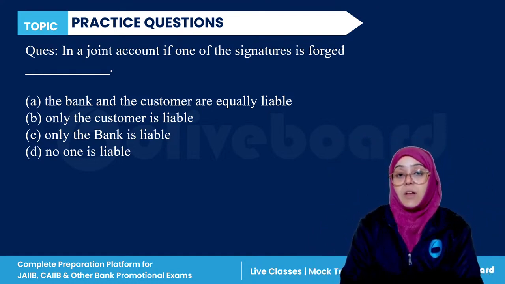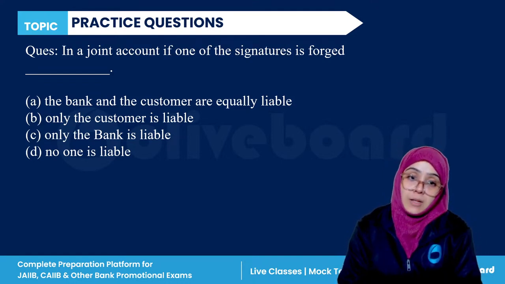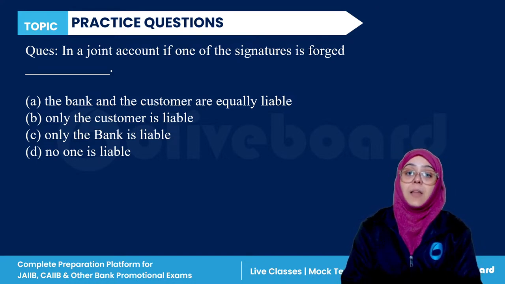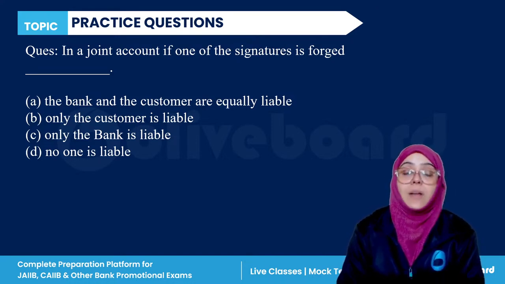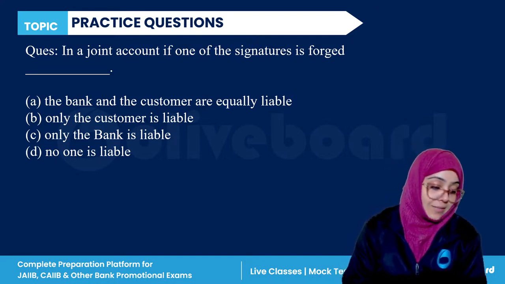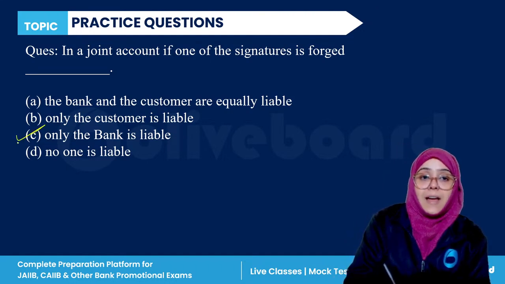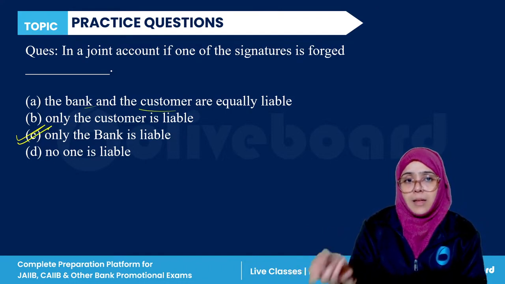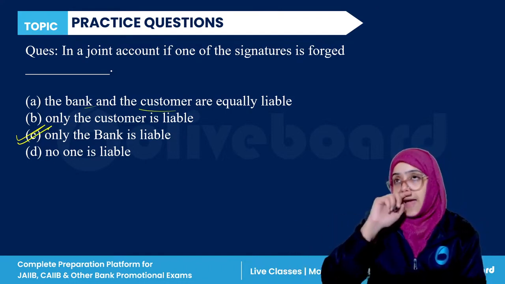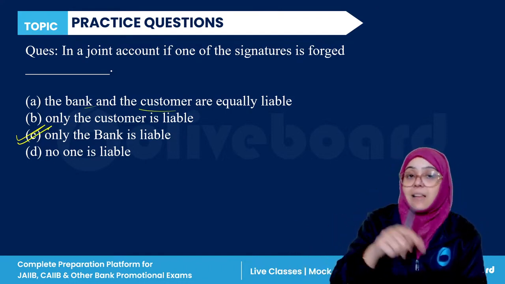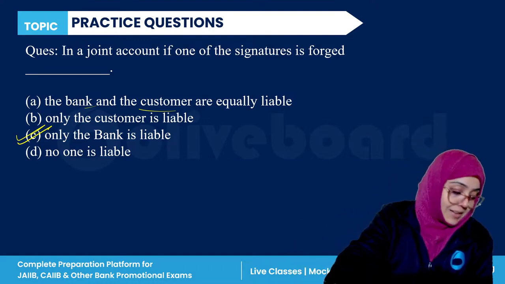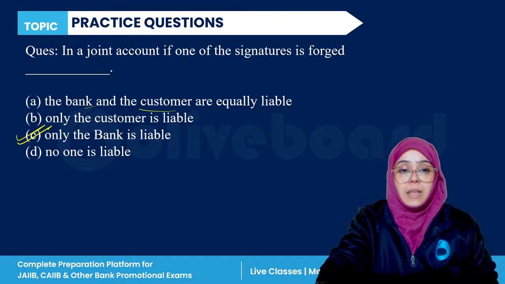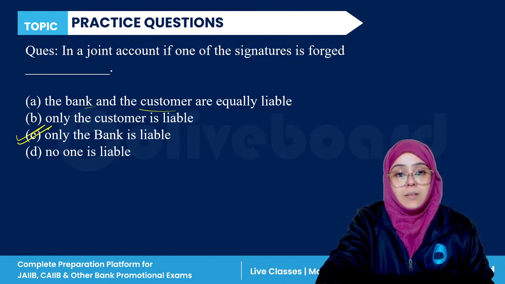So the correct answer for this question is that only the bank is liable. Why the customer? If one of the signatures is forged and the payment is done, then the bank is solely liable for the compensation. C is the correct answer.